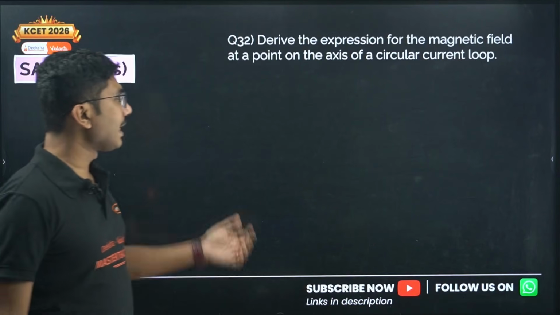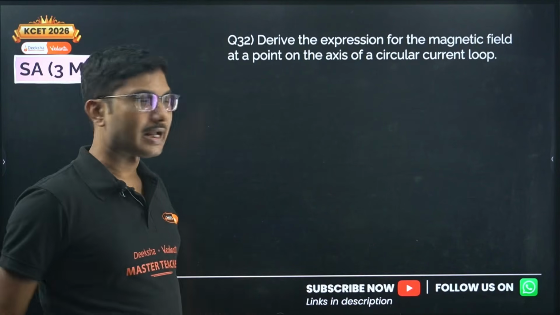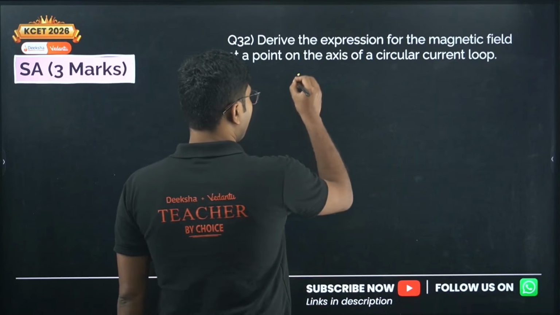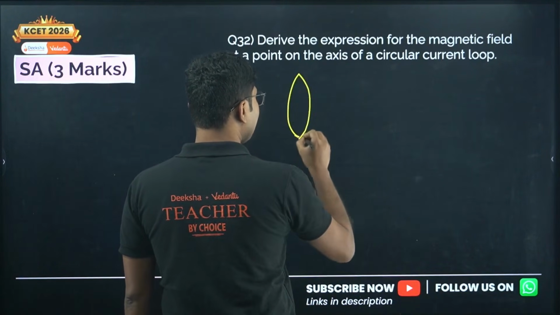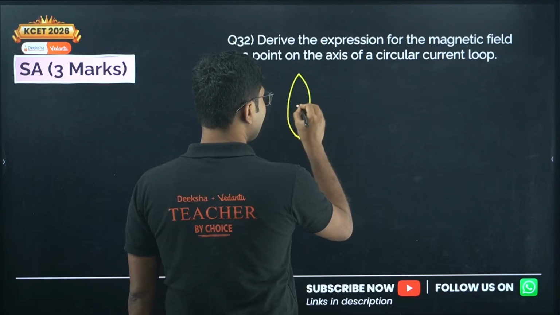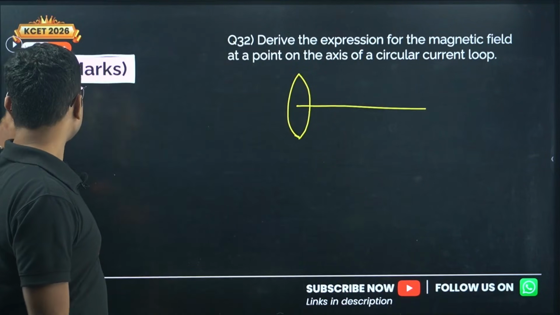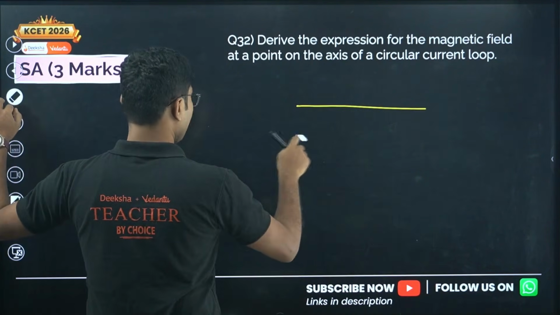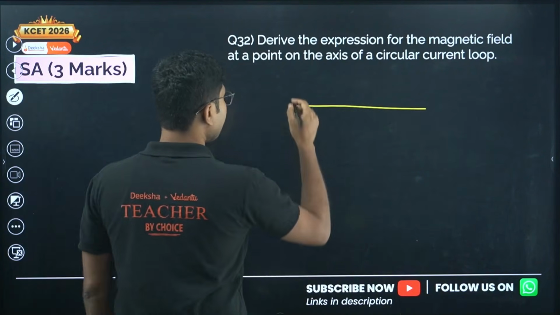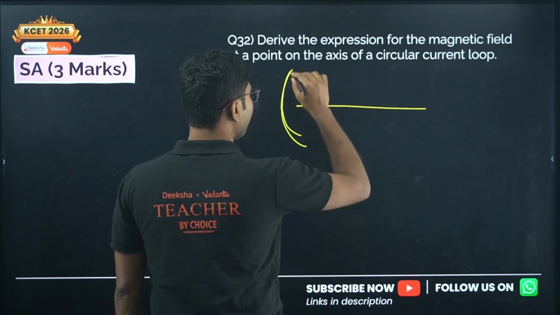Next, derive the expression for magnetic field at a point on the axis of a circular current carrying loop. For your year there is a possibility that this will not come, but there is no guarantee. From the past few years of paper analysis, this generally comes in alternate years. This derivation came last year, so there is less chance it will come for your year.